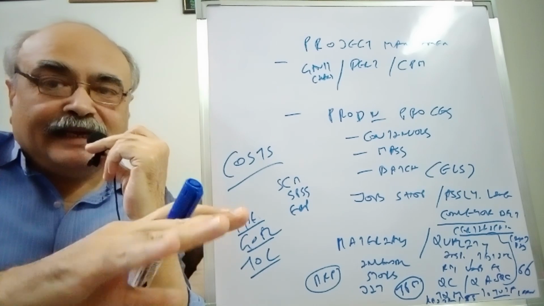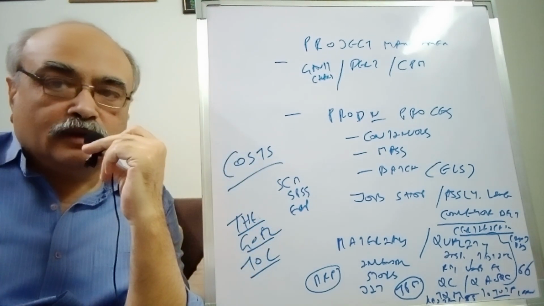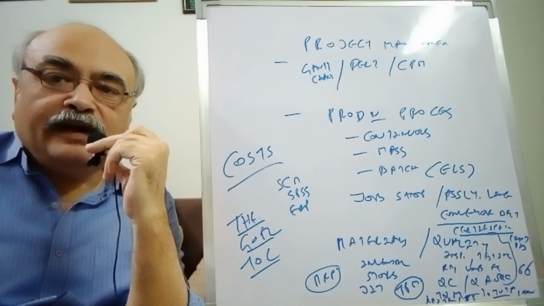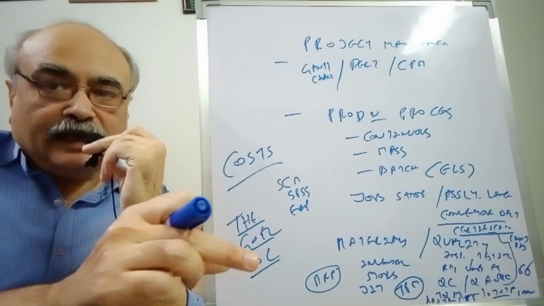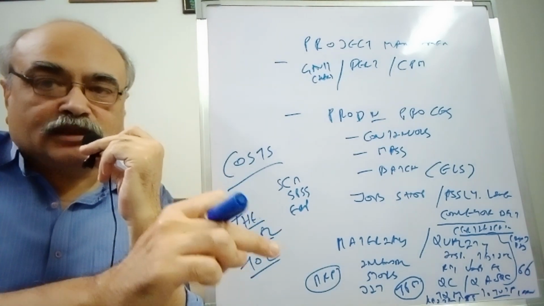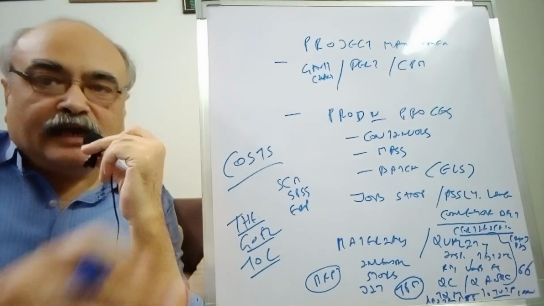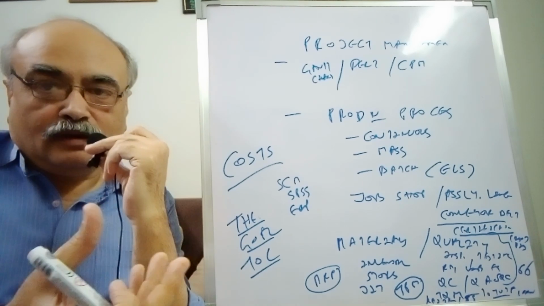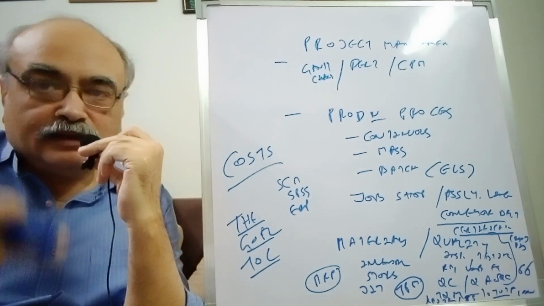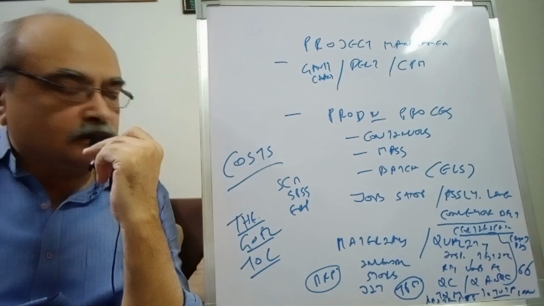So it is a fine balance between how much inventory to carry versus the risk of stock-out. So there is a whole inventory management system. There is economic order quantity, which tells you the best quantity to buy to minimize your inventory cost. But when you try to minimize your inventory cost, you have the problem of stock-out on the other end. So several models have been worked out trying to balance these things.